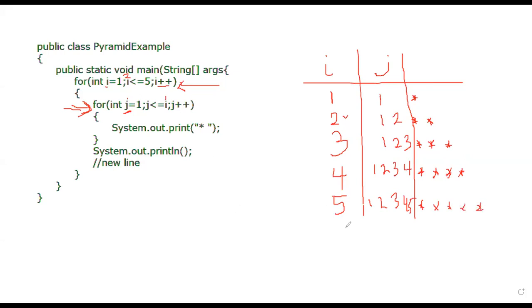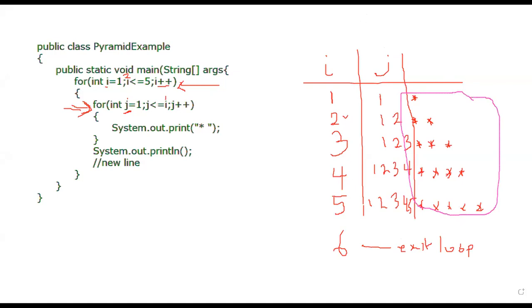Now when I is updated to 6, 6 is not less than or equal to 5, so it will automatically exit the loop, and then we'll have our answer as this.